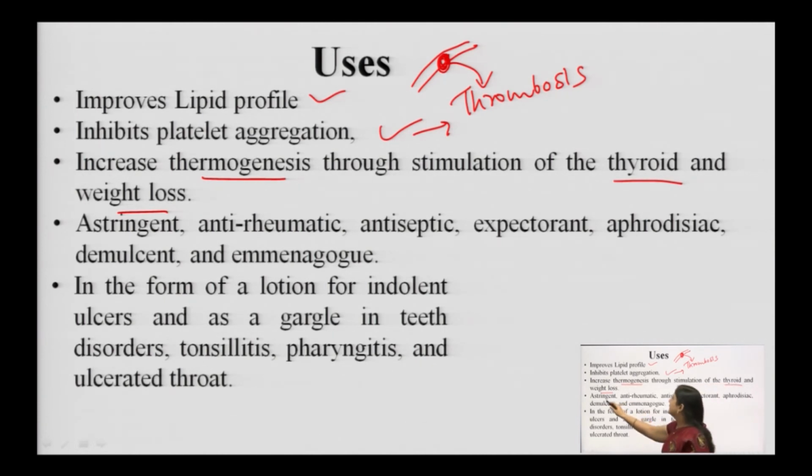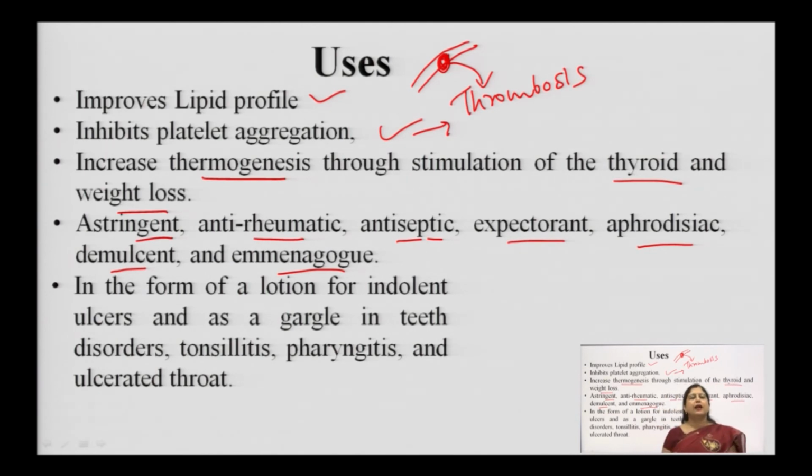Then it is used as astringent, anti-rheumatic. Astringent means protein precipitant, anti-rheumatic means joint pain, antiseptic means antimicrobial, expectorant, aphrodisiac means sex stimulant, demulcent means cooling effect, emmenagogue means enhancing menstruation.